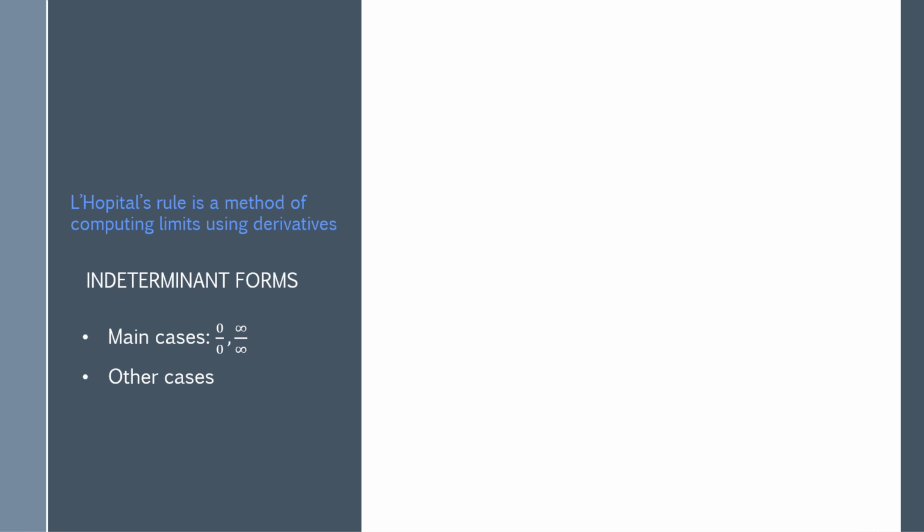L'Hopital rule is applicable whenever we have the following two forms, 0 over 0 or infinity over infinity, and we're going to refer to those as indeterminate forms. Now, there are other cases that we will consider in today's lecture. However, these two are the most important ones.